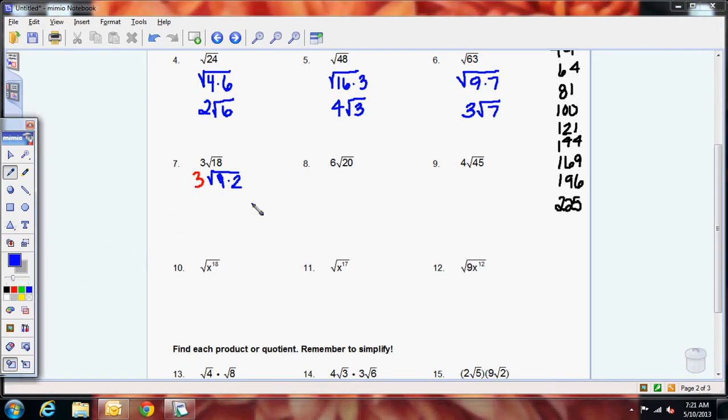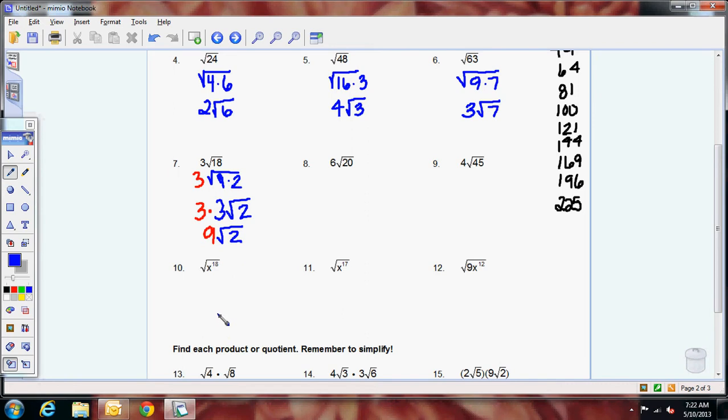So I'm going to simplify. Square root of 9 is 3. Root 2. And then I still have that outer 3 that I have to deal with. So I'm going to bring that down next to the 3 I pulled out, and remember to multiply those. So 3 times 3 is 9, and then we have radical 2 here.